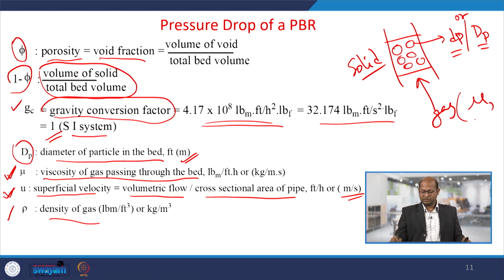So gas viscosity, superficial velocity, density, catalyst particle diameter, and bed porosity are the things we should know.